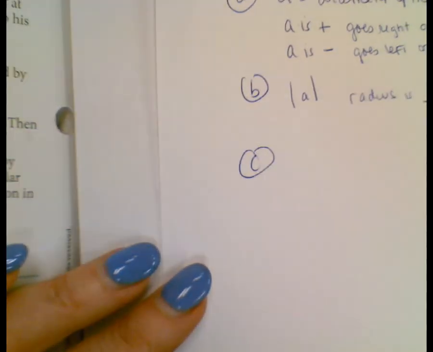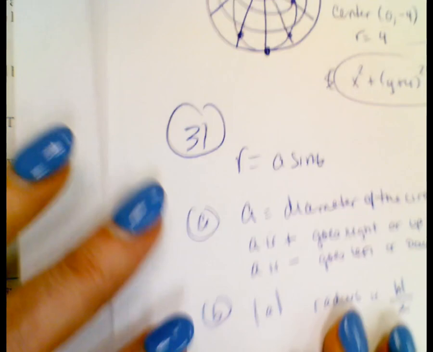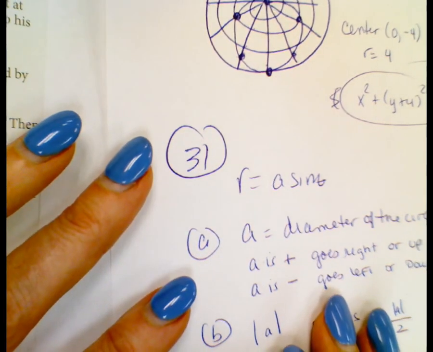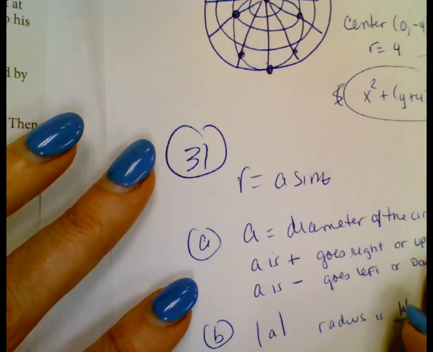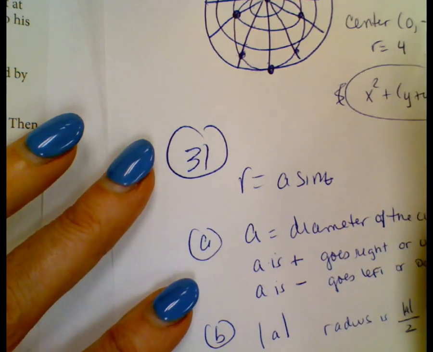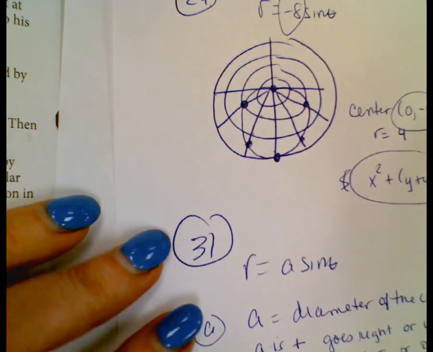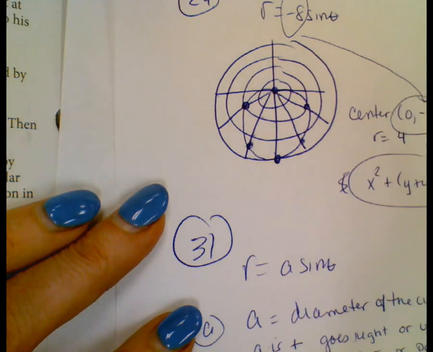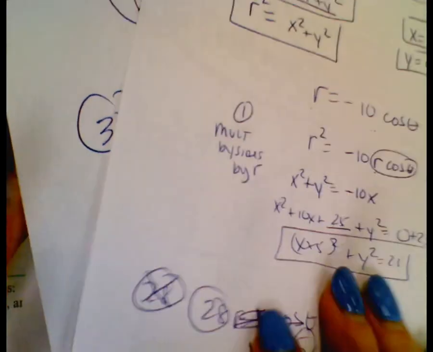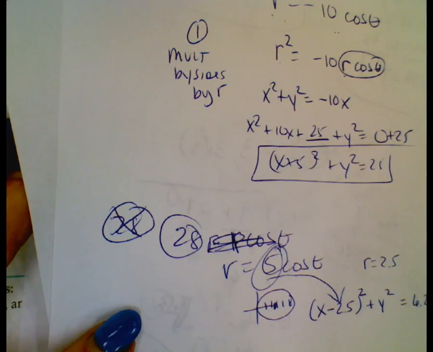What are the rectangular coordinates of the center of the circle in terms of a? Well, let's think. The center was 0, -4, and this was -8, right? So the y-coordinate is half of that. The one we did on the other side, this 5, the radius is half of that.